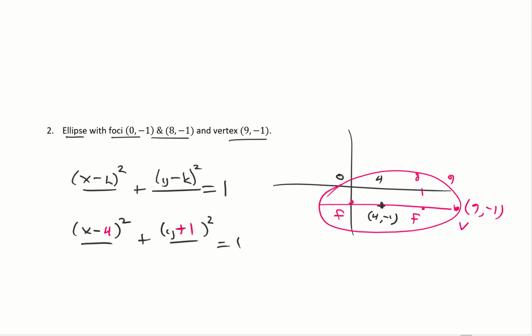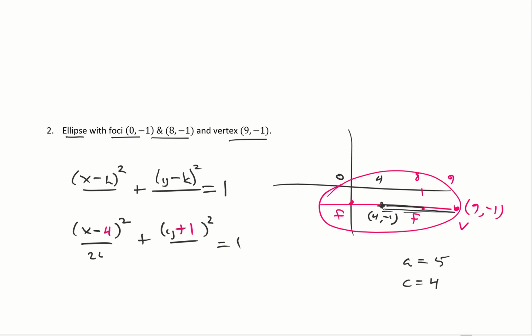You can do it in different ways, but for me, the fastest way is to simply go, this distance here is a. a is from 4 to 9. I get a is 5. And the focal distance from 4 to the focus, 8, I get c is 4. Okay? Man, we got this.